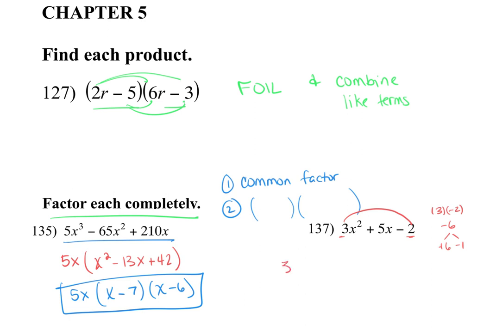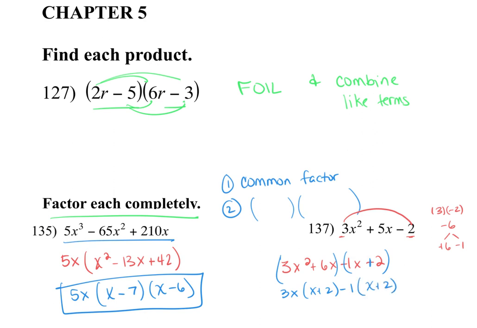This is where I'm going to rewrite it: 3x squared plus 6x minus 1x minus 2. I have 4 terms. I'm going to factor by grouping. Group this, group this. When I group behind a negative, I change the last guy. Take out what's in common. This guy has a 3x in common. If you don't have anything in common, just put a 1 out there.